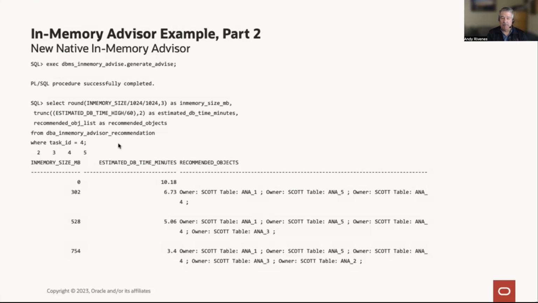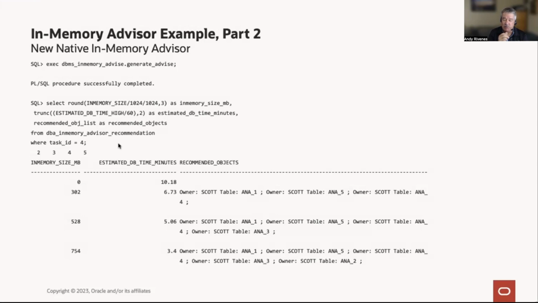But that's the advantage here, that it should be more accurate than the first version of the in-memory advisor, because it's actually looking at heat map statistics as opposed to trying to create heuristics on what workload activity is actually going on.